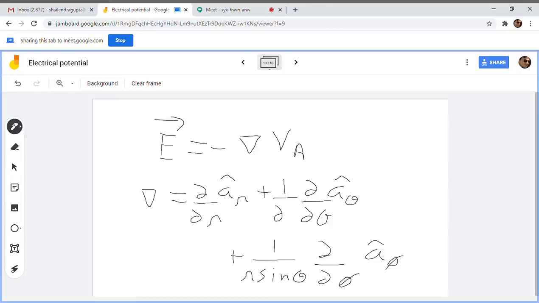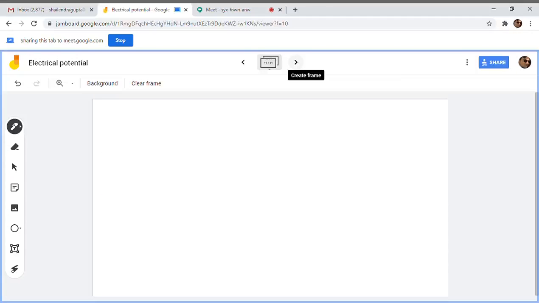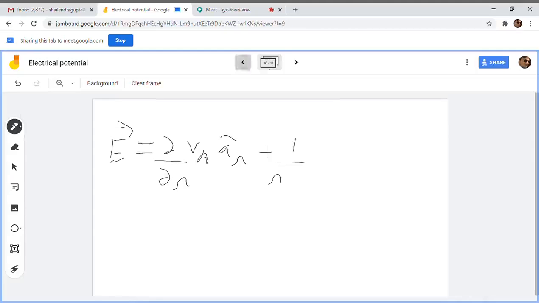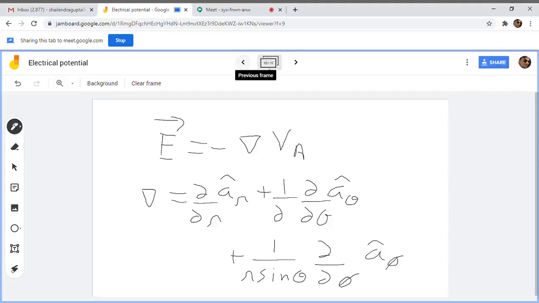So let us just do the differentiation. The vector electric field will be del by del r of VA in the ar direction, and similarly 1 upon r, it is r or what, it is rho, it can't be rho, it should be r because there is no rho in the spherical coordinate system.